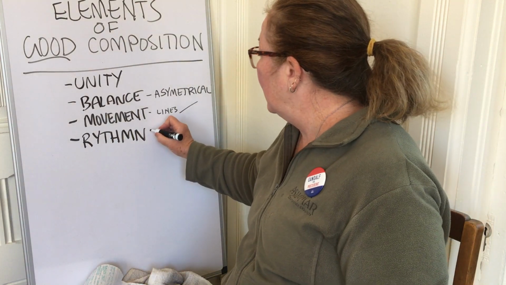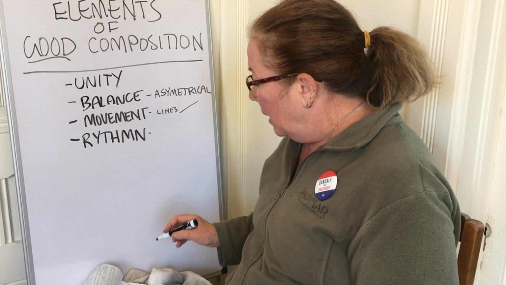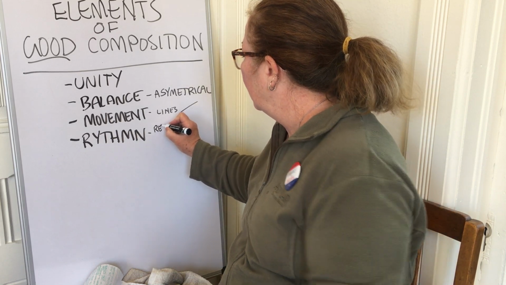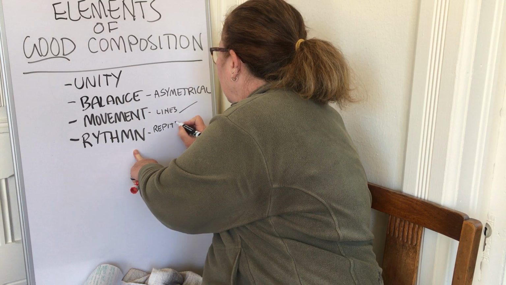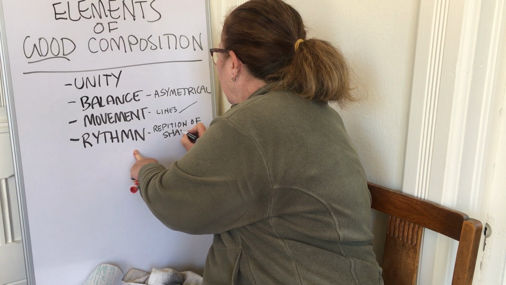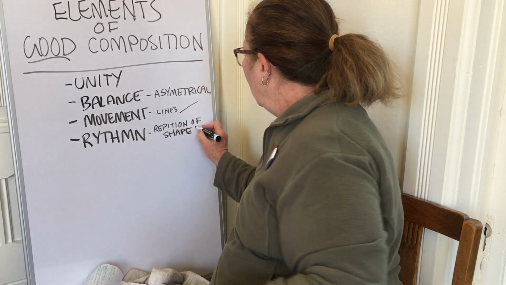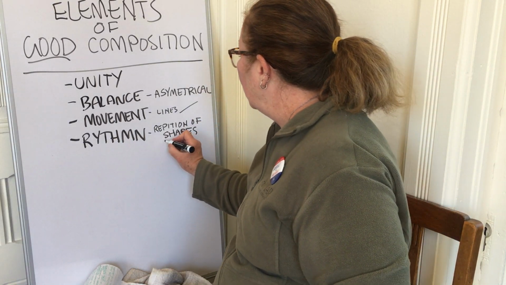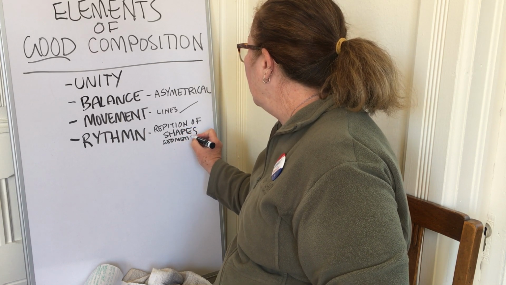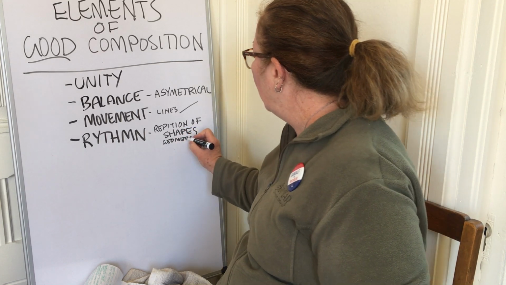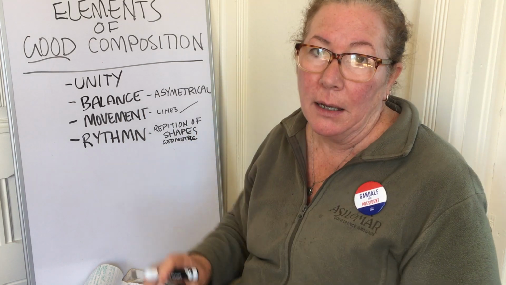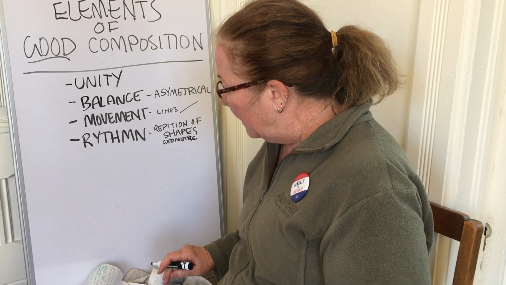Well, rhythm can actually be created by the repetition of shapes. And we'll get more into that as well. We're going to talk all about this. You know, especially geometric, but they can be organic shapes as well. But geometric is especially pleasing for humans.